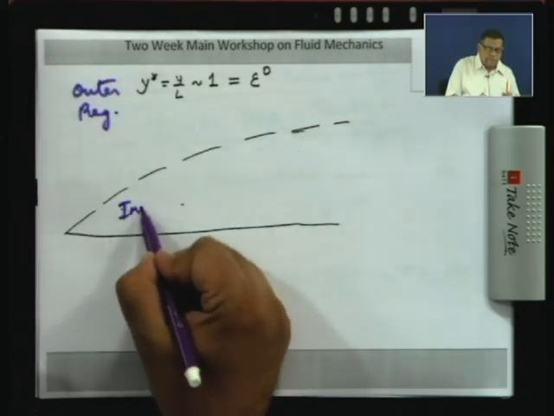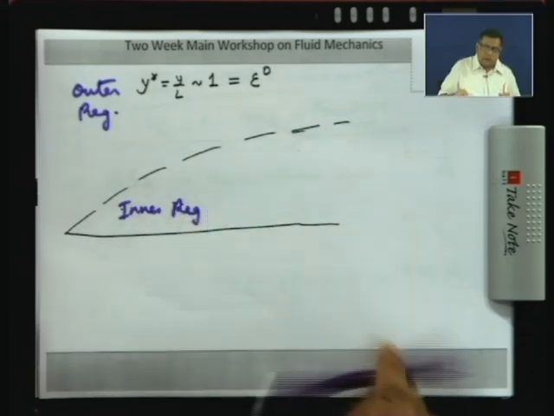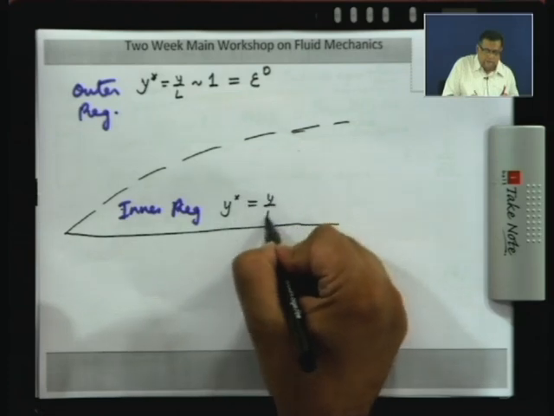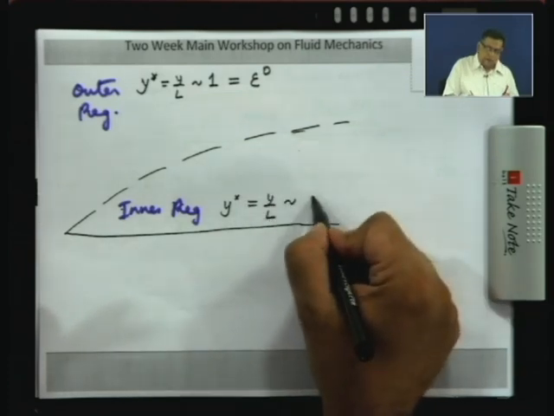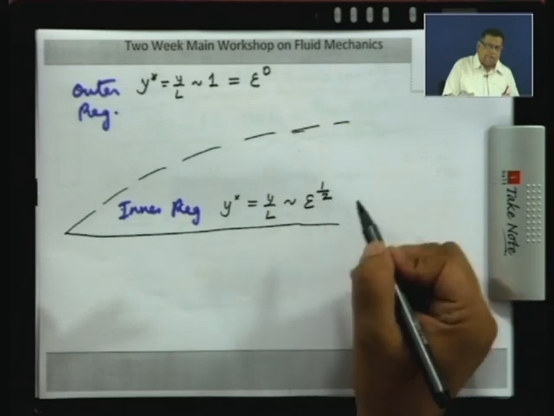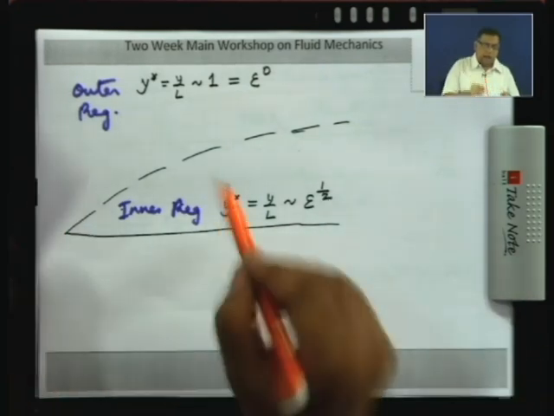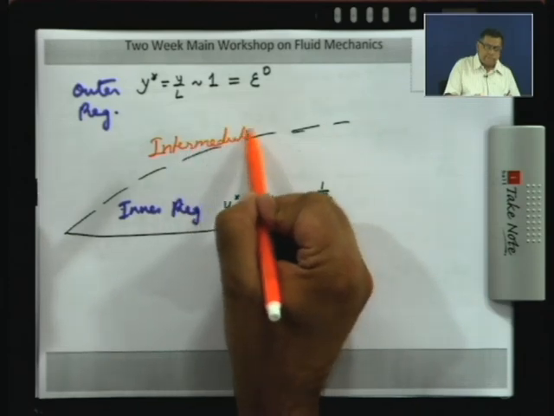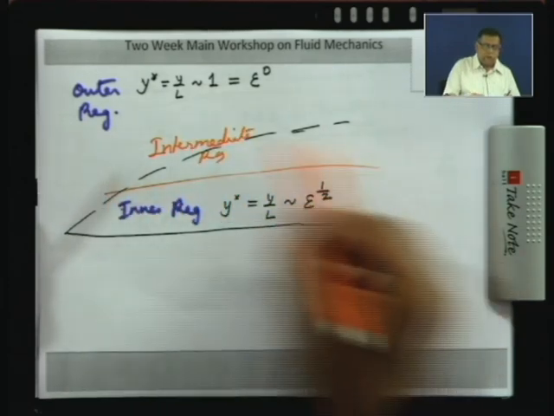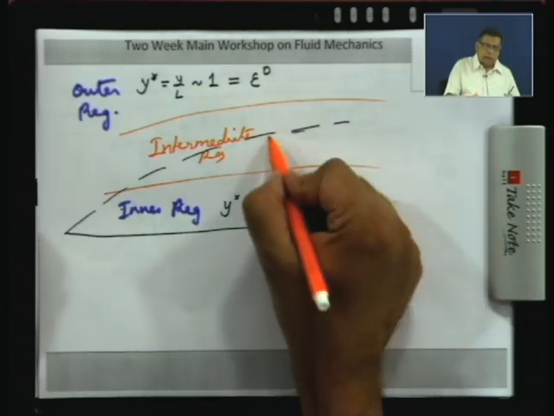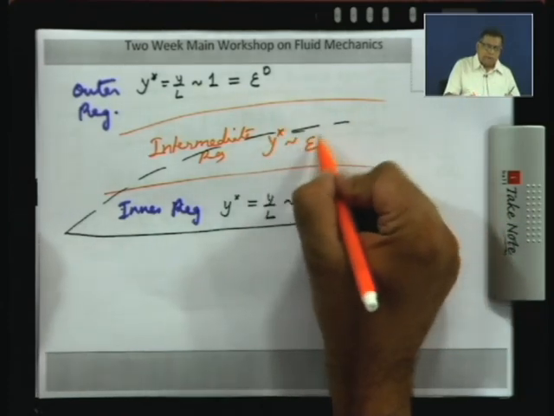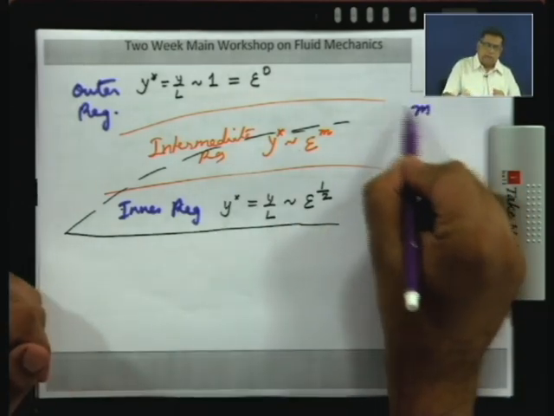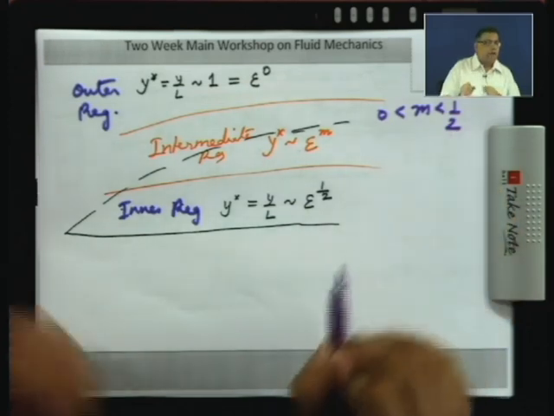Now, in the inner region we are saying y star, which is y by L, is order epsilon to the power half, and in the intermediate region, which I will show this way schematically, y star is order epsilon to the power m, and we are saying that m lies between 0 and half.